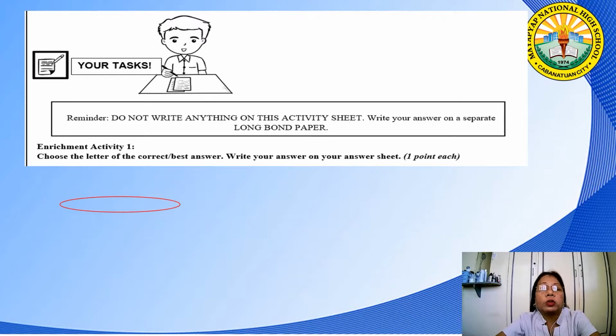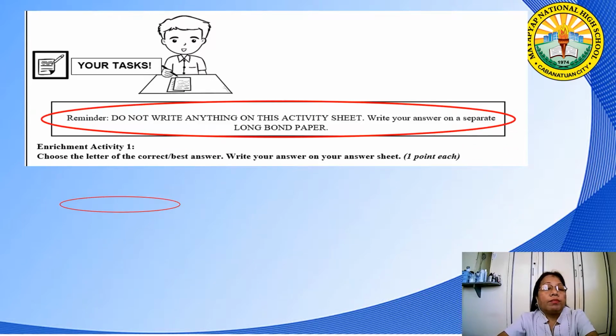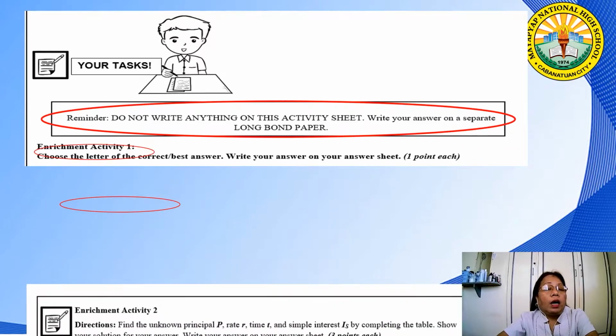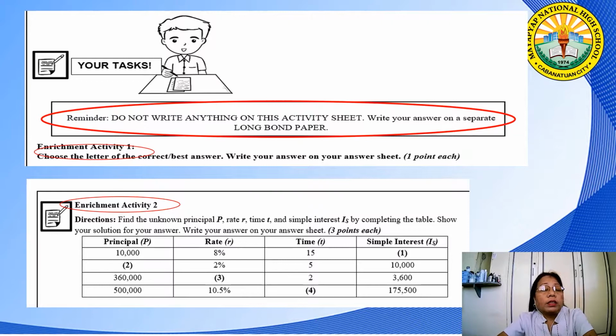It gives you 1 point. Then for activity 2, you find the unknown principal, rate, time, and simple interest by completing the table. Show your solution for your answer. Then write your answer on your answer sheet, and it gives 3 points each.